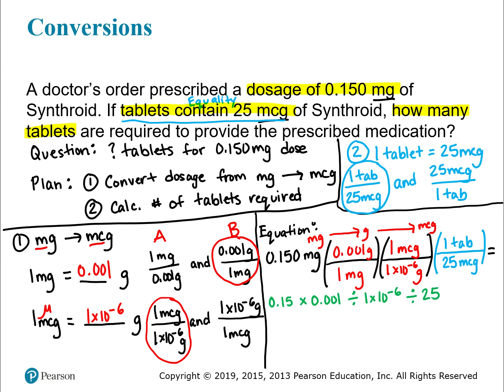Every time you see a number in the top, the numerator, you're multiplying. Every time you see a number in the denominator, you're dividing. Put that into your calculator and let me know what you get.